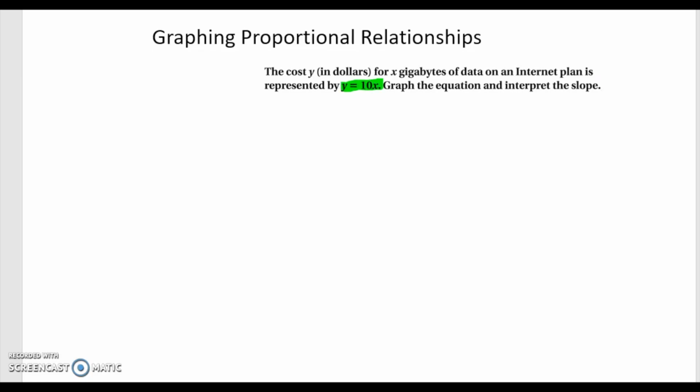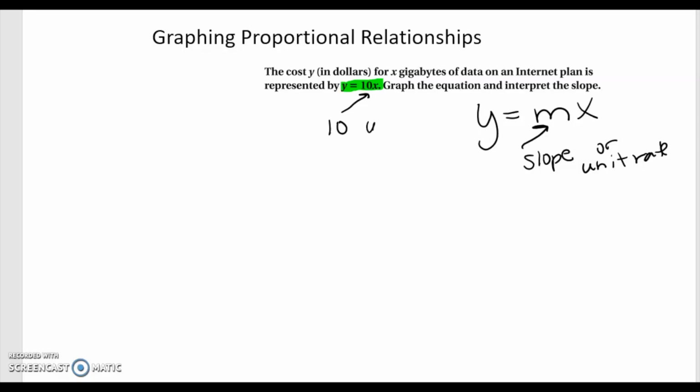So in our last lesson, we learned that a direct variation has the equation y equals mx. And we know that m is the slope or the unit rate. So when we're looking at the equation y equals 10x, that tells us that 10 is our unit rate.